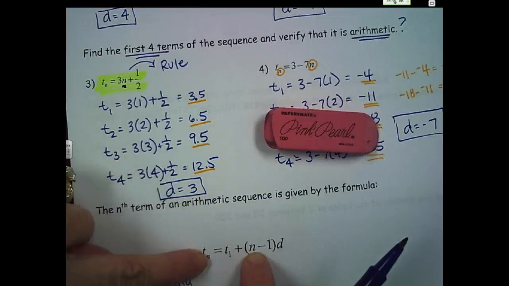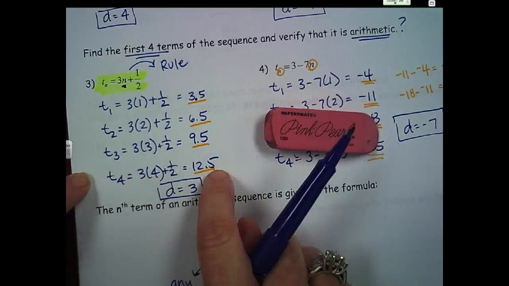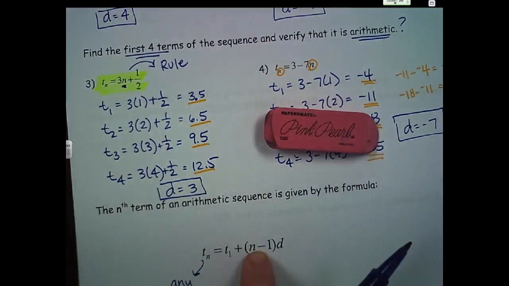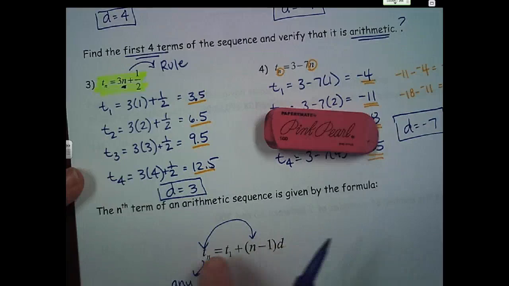That's what it means. In this formula, I put in 4 and I got 12.5. If I put the fourth term in, the fourth term is what? 12.5. These two kind of go together. Do you see what I mean? If you want the fifth term, you put a 5 there and you do the math, it will give you the fifth term. If you want the 10th term, you put a 10 here, and you do the math, it will give you the 10th term.